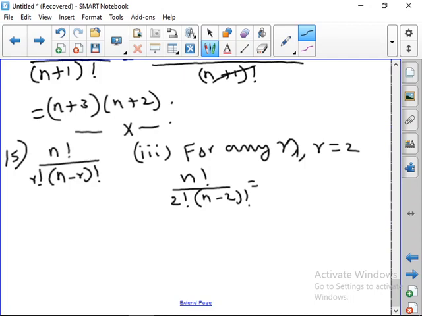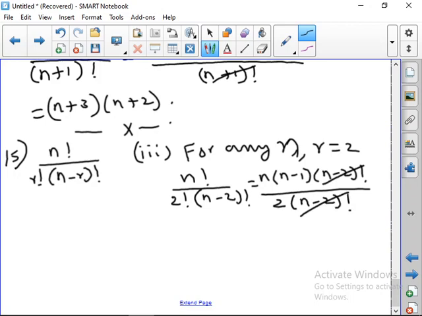We can write n factorial as n into n minus 1 into n minus 2 factorial, by 2 factorial, whose value is 2, into n minus 2 factorial. So n minus 2 factorial will get cancelled. What is left? It is equal to n into n minus 1 by 2.